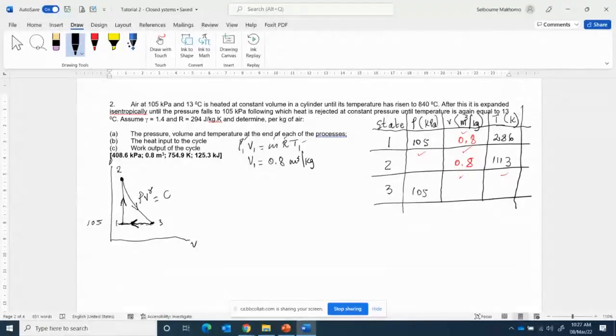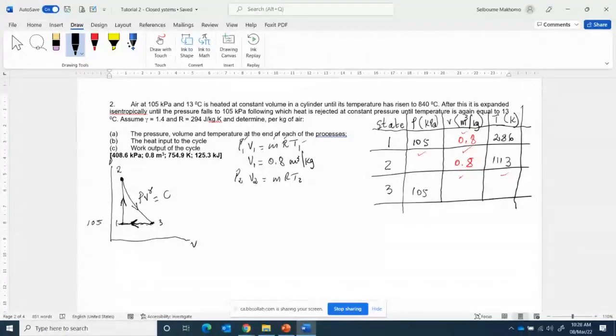Now we need P2. How do we get P2? Same formula. We say P2 V2 is equal to m R T2. P2 we don't have. V2 we have is 0.8.